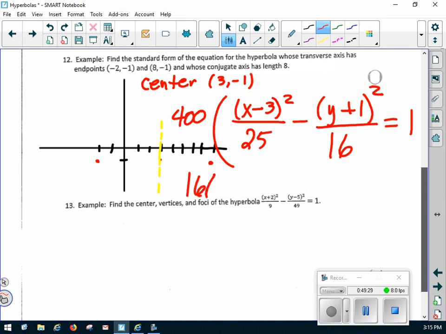So 16 times (x minus 3) squared minus... So I just need you to know that that's how you could get it to not have fractions in it. Are you all right? Okay.